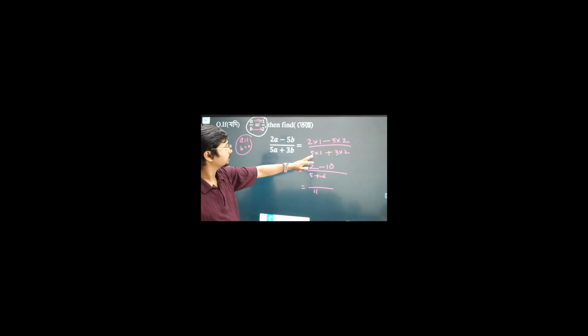Okay, no problem. Here 2 into 1, 5 into 2, and 5 into 1, 3 into 2. Simplifying, here it will be minus 8, so minus 8 upon 11. But the option says minus 8 upon 7. I think there is some typographical mistake in one of the options, right? So which will be the correct option, guys? Minus 8 by 11.